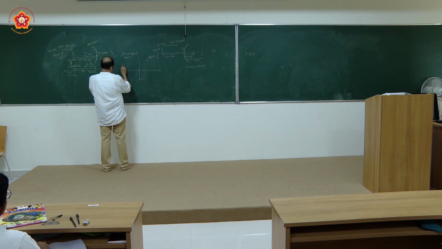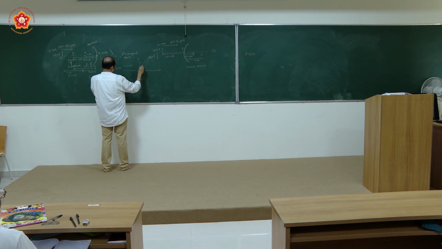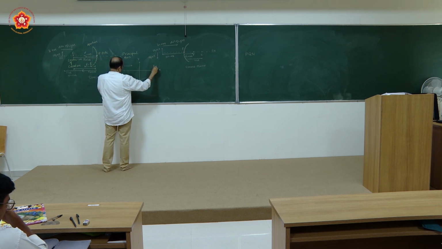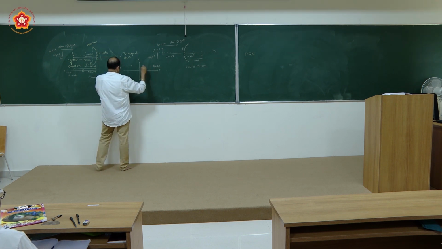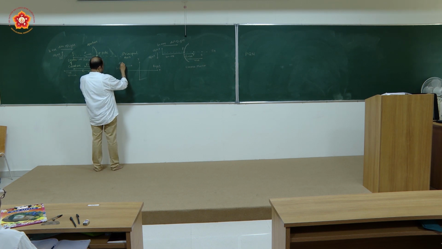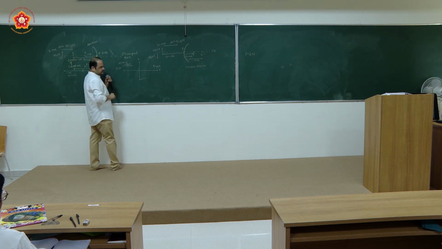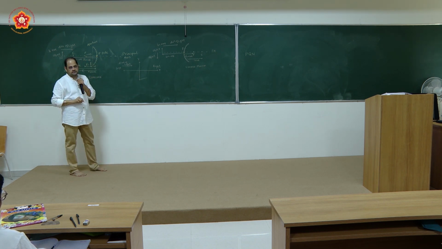So we are considering the light traveling from left to right. This is the direction of light. So light is traveling in the positive direction of the x-axis. Are you getting it or not?